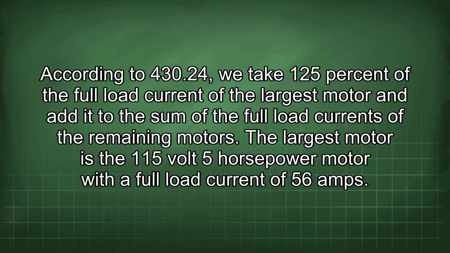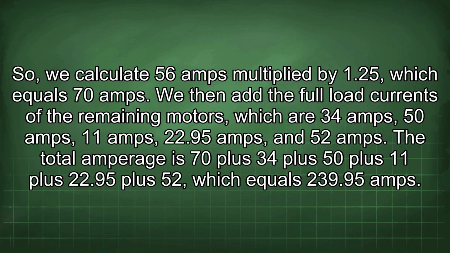According to 430.24, we take 125% of the full load current of the largest motor and add it to the sum of the full load currents of the remaining motors. The largest motor is the 115-volt 5-horsepower motor with a full load current of 56 amps. So, we calculate 56 amps multiplied by 1.25, which equals 70 amps.